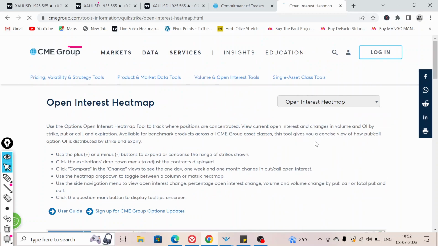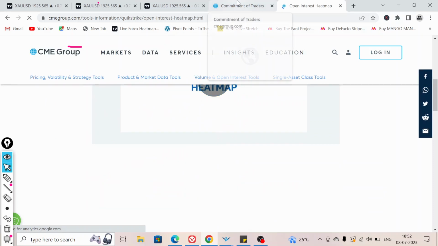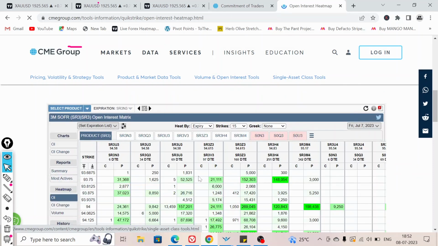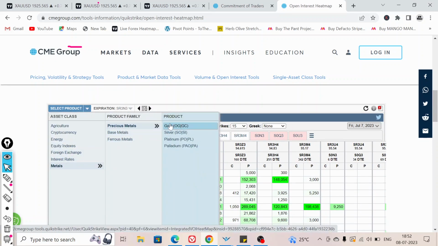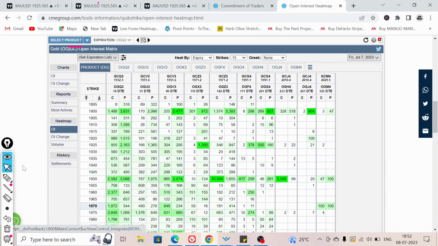If we go into the heat map, and if we select gold from here, the important resistance level on the upside is of course this one, 1950, and 1930 is also a resistance area.